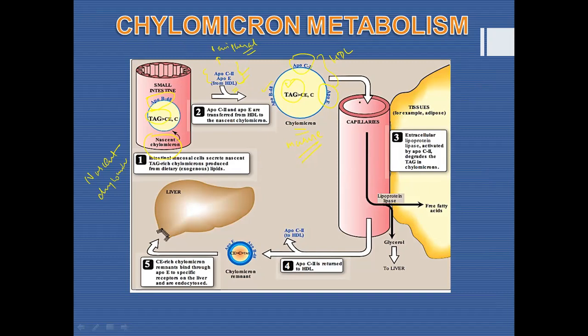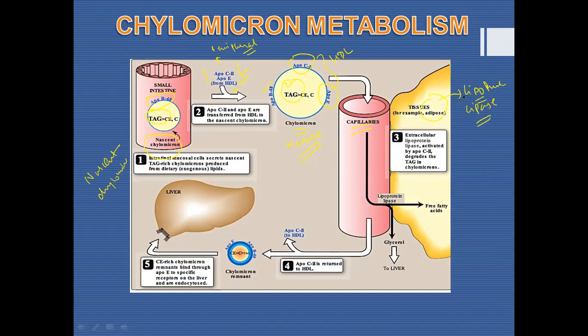Okay. Now this mature chylomicron will come into the capillaries of various peripheral tissues. Suppose if we take example of adipose tissue. Okay. So adipose tissue will have an enzyme which is known as the lipoprotein lipase. So as its name suggests, what will it do?